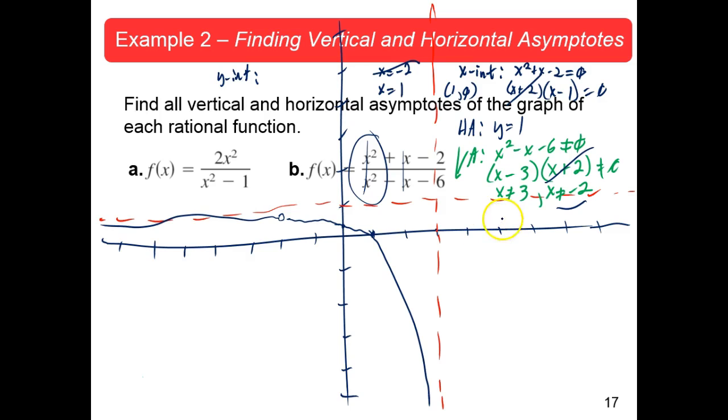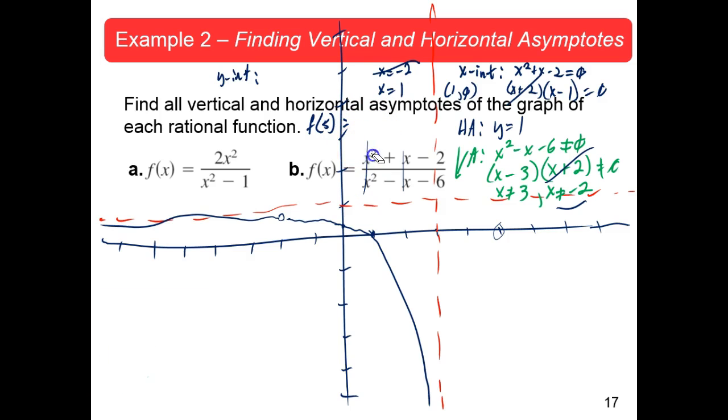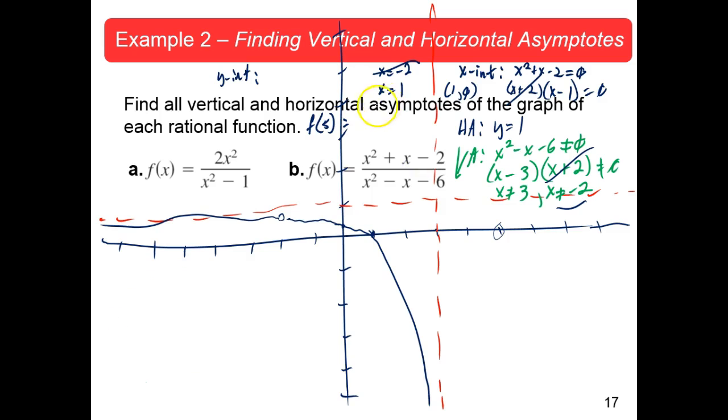Let's see what happens here. Let's put in a 5. And in this case, we'll put f of 5 right here. And what would that be? Now, ignore my crosses before. That was for the purposes we were doing at the time. So now let's do x equal 5. What do you get?